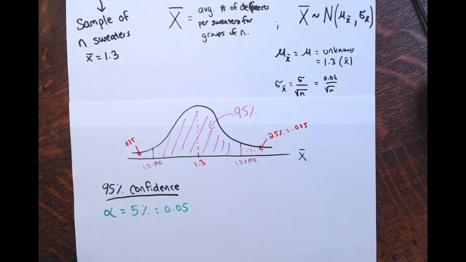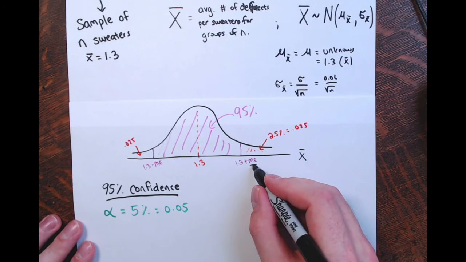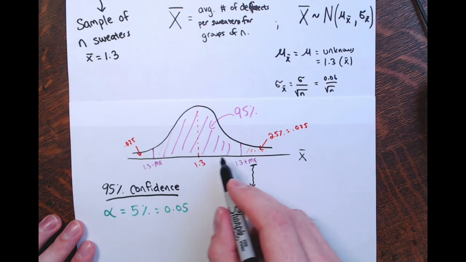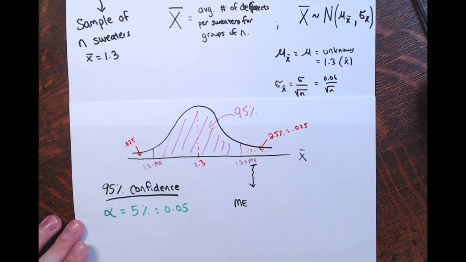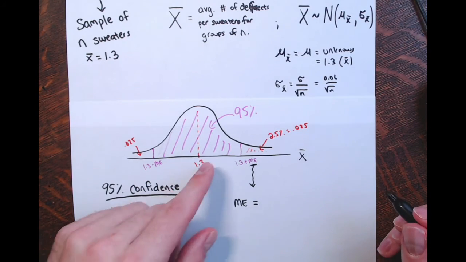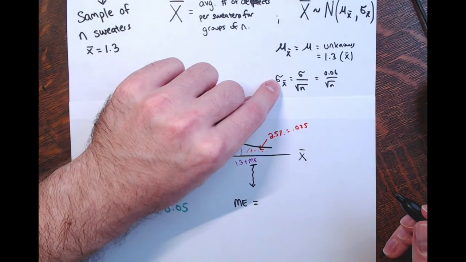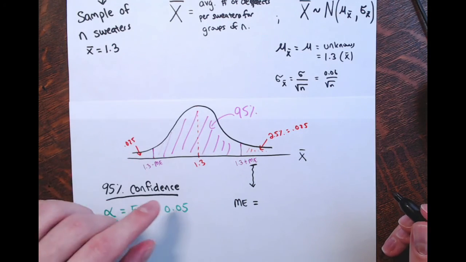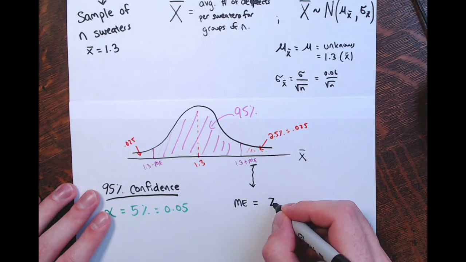So when I go to find the margin of error, how far above and how far below are these two values? I need to know a z-score. I want to know how many standard deviations I am above the mean and below the mean. So that's where the z-score comes in.